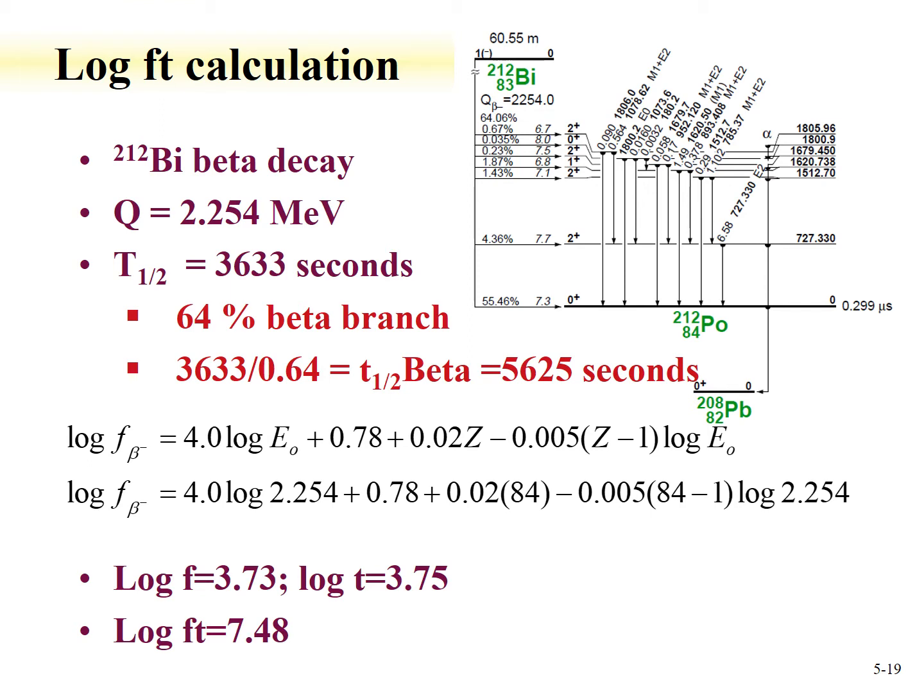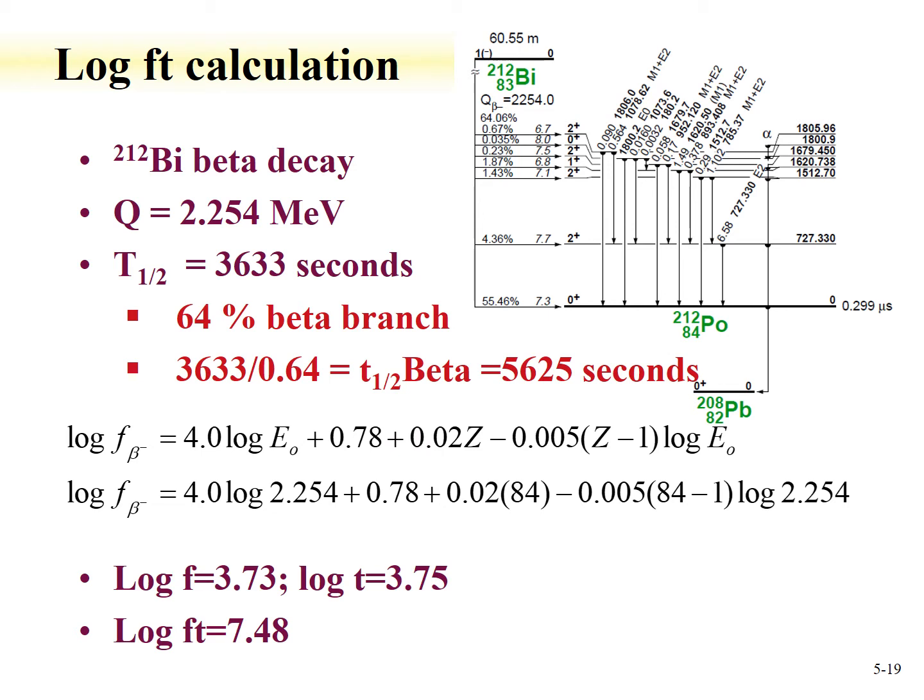We can perform another log Ft calculation. Now let's use the beta decay of bismuth 212. The Q value is listed here. We need the Q value in MeV, so it's 2.254 MeV. The half-life is 3,600 seconds. Well, we actually need to get the beta decay half-life, which winds up being 5,625 seconds.